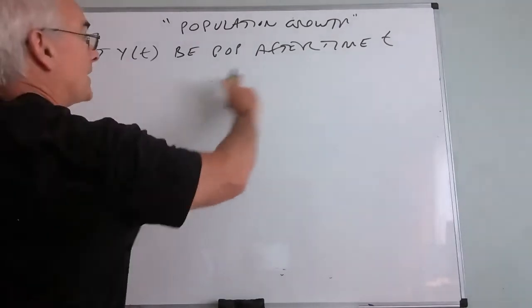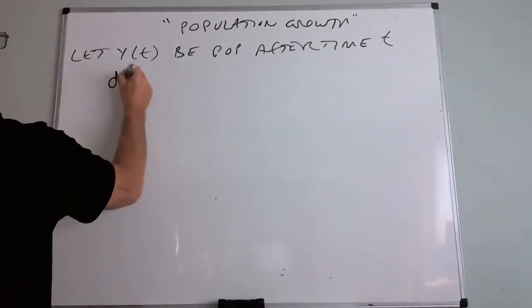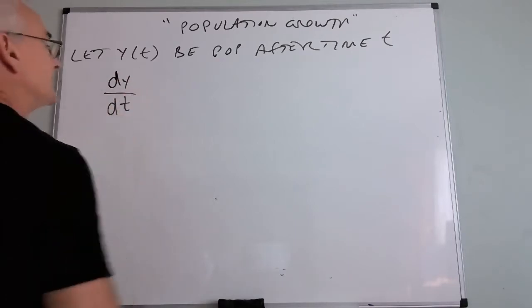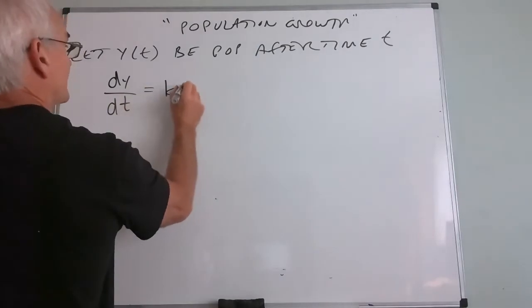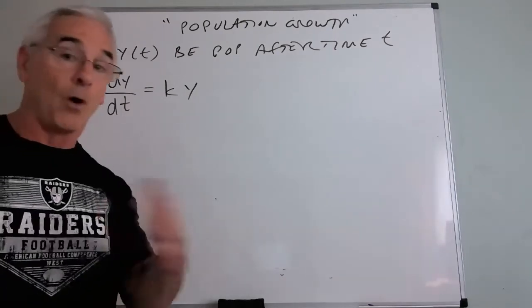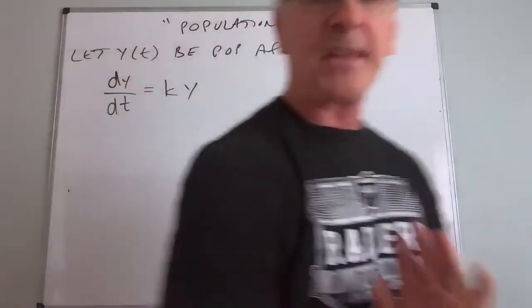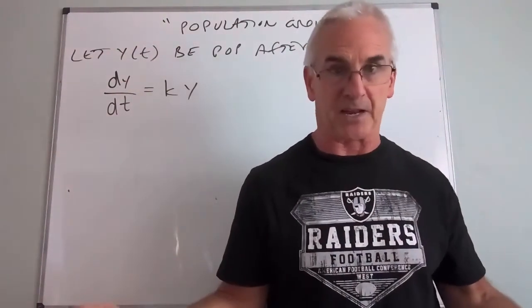Okay. So if y of t is the population after time t, then dy/dt, which is the instantaneous rate of change of my population, is equal to a constant times my population. This is the universal equation that governs all population growth or decay. Let's overly simplify this and think of it like money for a second.